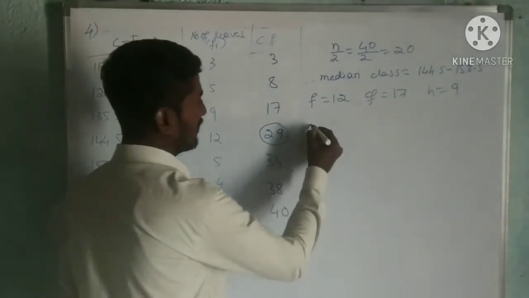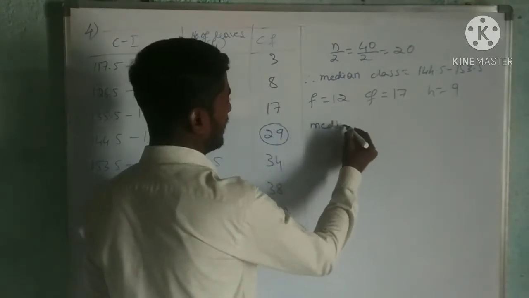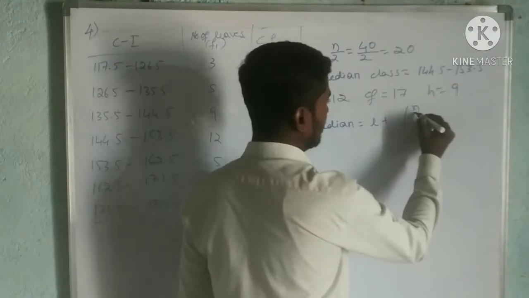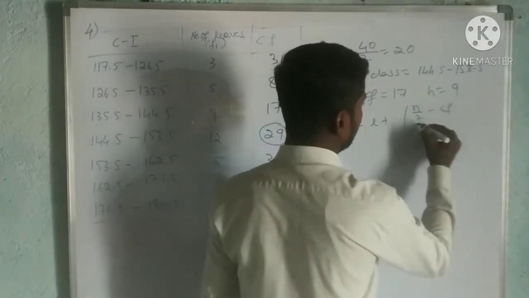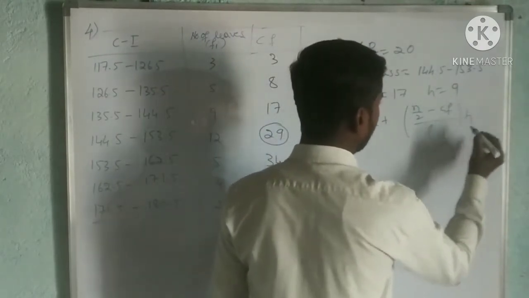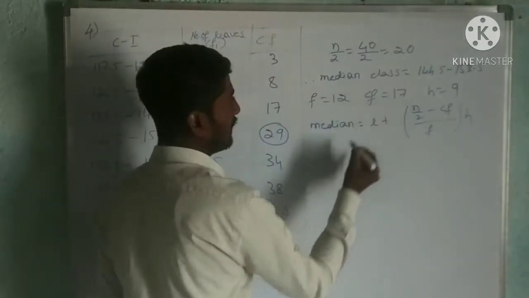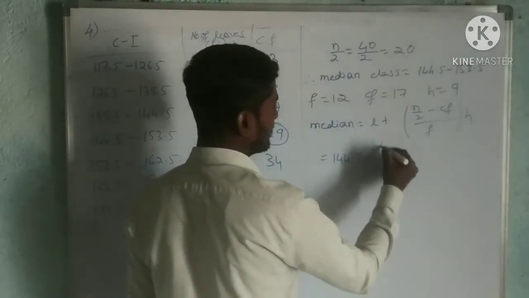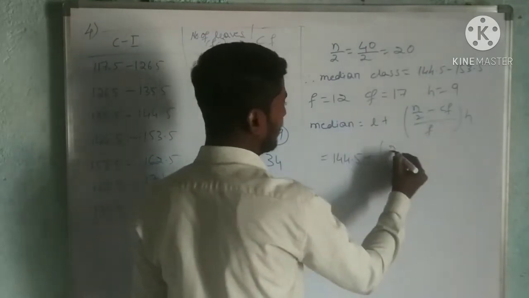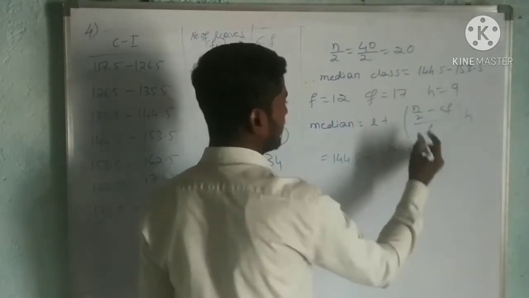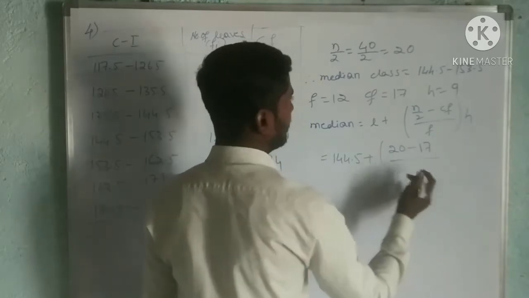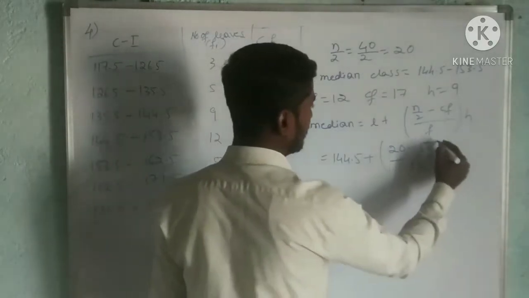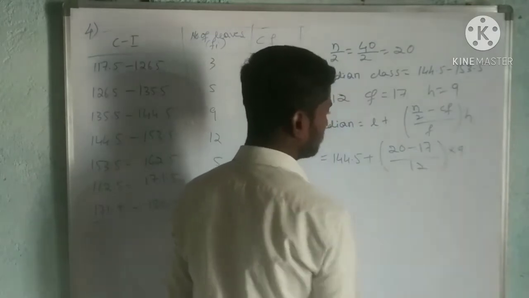Next, write the formula. Median is equal to L plus (n by 2 minus CF) divided by F, into h. L value is 144.5, plus n by 2, 20, minus CF, 17, divided by F, 12, into 9.